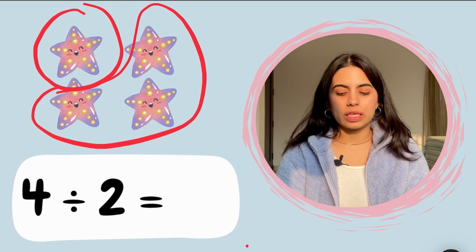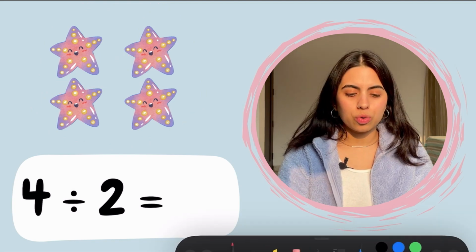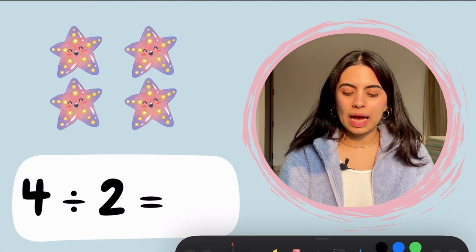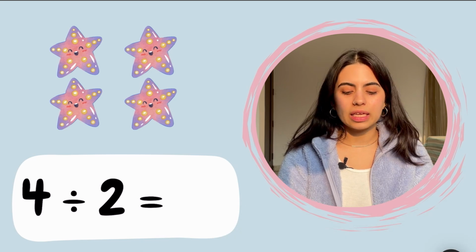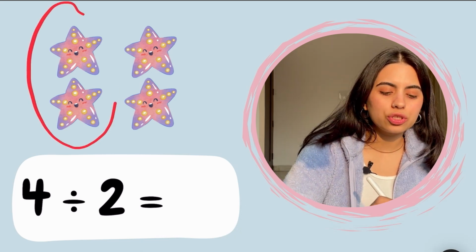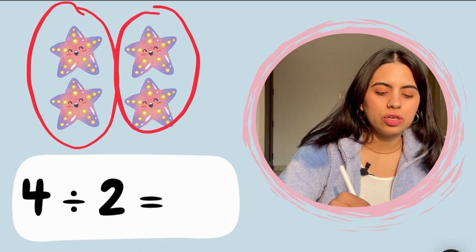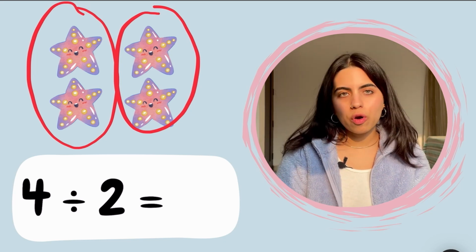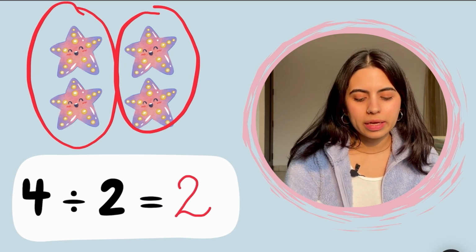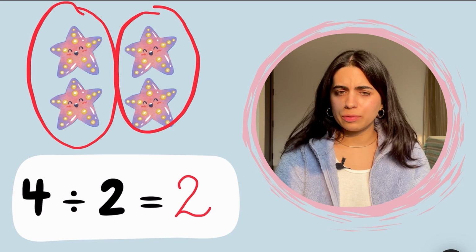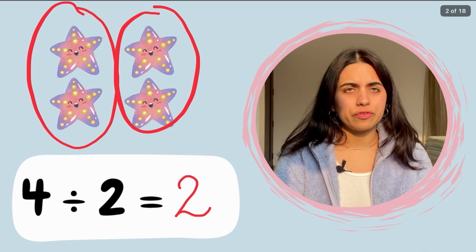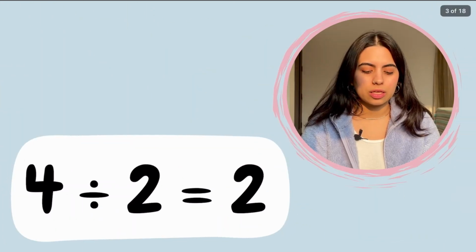That is not equal division. So to divide properly, I have to divide it equally. So each group will have 2 stars. So 4 divided by 2 will be 2. That was pretty easy. So let's see if we can do some more questions like these.